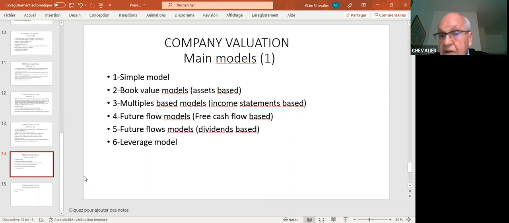But we also have a few weaknesses. The problem of quality of evaluation, for example, the stability of the cost of equity in the long run, is also a question mark.